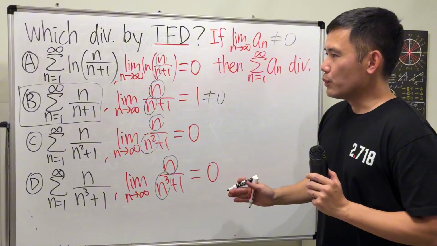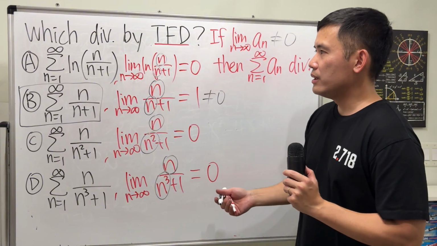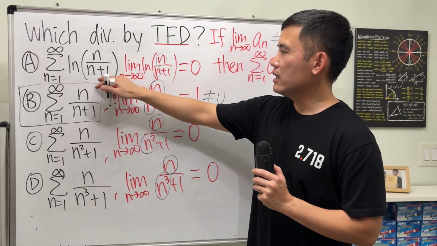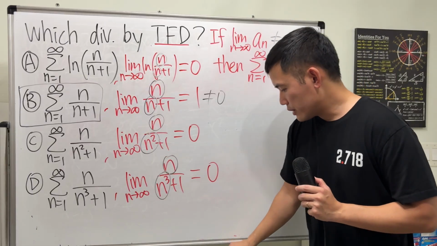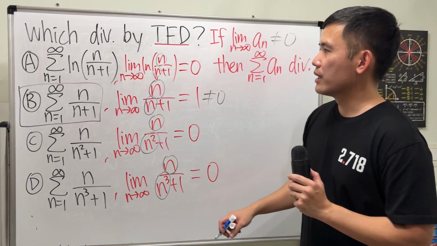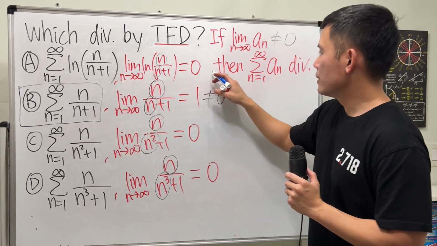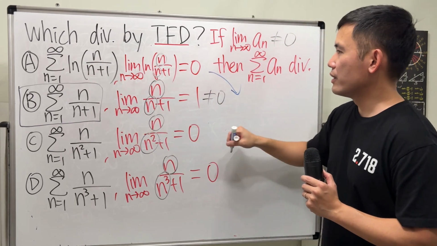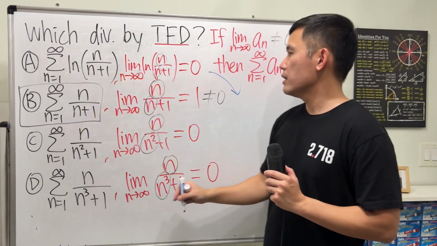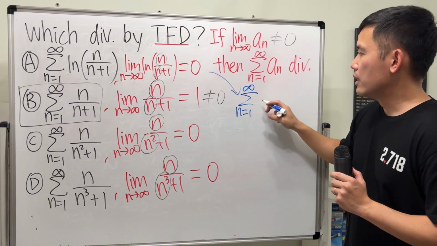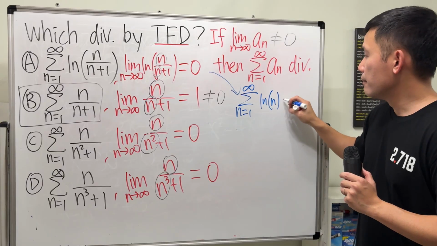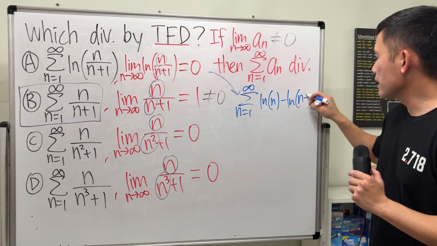Now, you might be wondering, how can we show that if the rest diverge or converge? Well, I will tell you this real quick. For the first one, I'm just going to put it down right here. We can use the log property. You can look at this as the series as n going from 1 to infinity of ln of n minus ln of n plus 1.